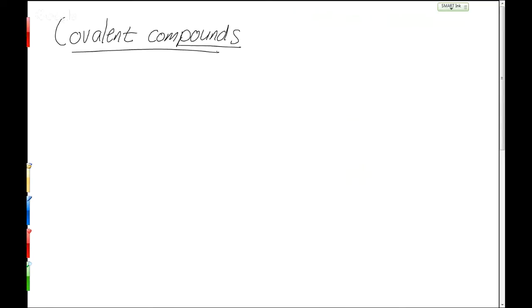So covalent compounds are compounds made of 2 or more nonmetals. And these are named a little bit differently because we can't make the same kinds of assumptions that we can in ionic compounds.